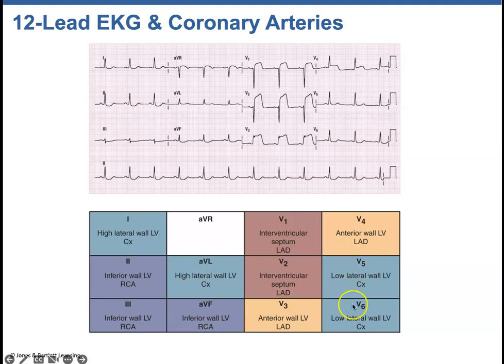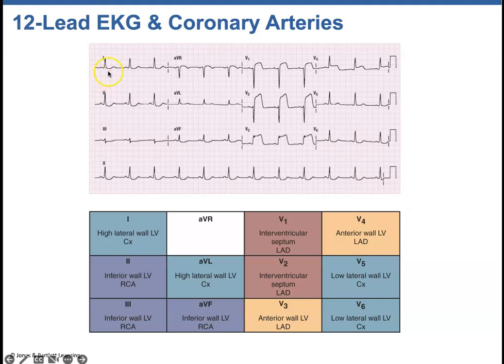Then V5 and V6 look at the low lateral wall of the left ventricle, also looking at what is taking place in that circumflex artery. So if you saw some kind of ST elevation in 1, AVL and V5 or V6, then that would tell you, hey, something's going on.